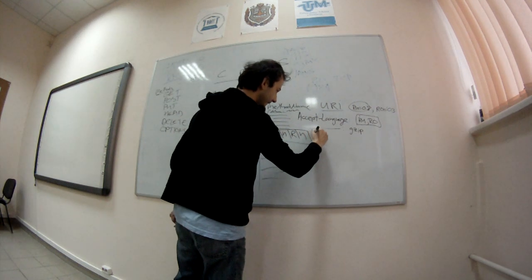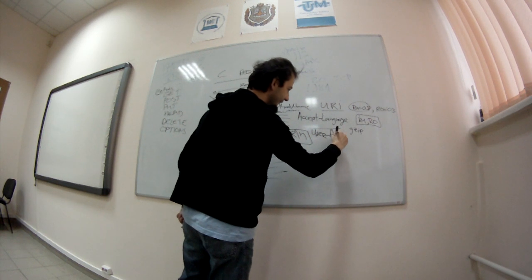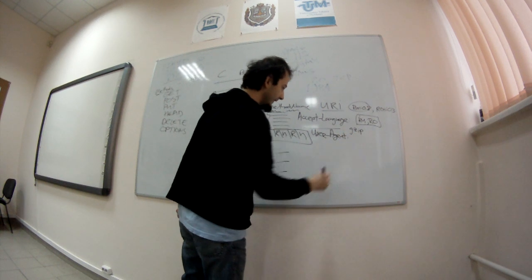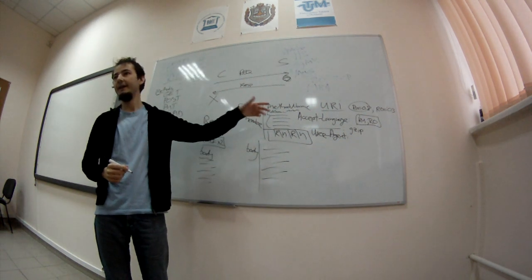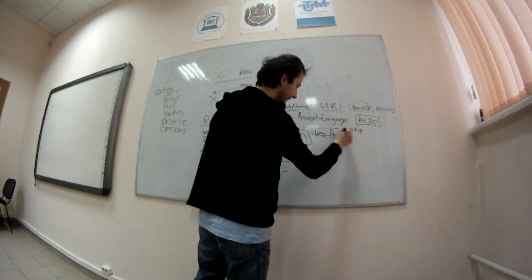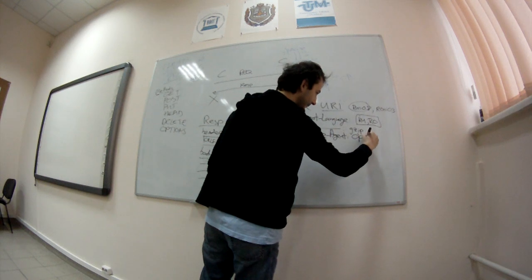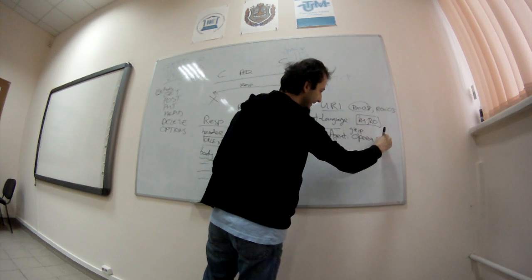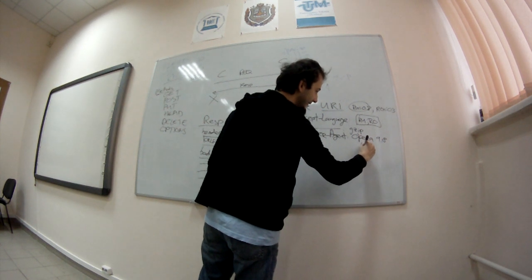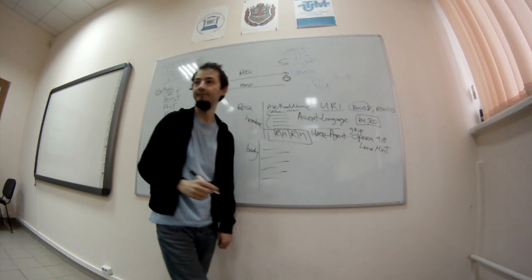Another interesting header attribute is called user agent. This is how the browser identifies itself to the web server. For example, in this header attribute, I could write something like, I am Opera 9.8 running on Linux Mint.